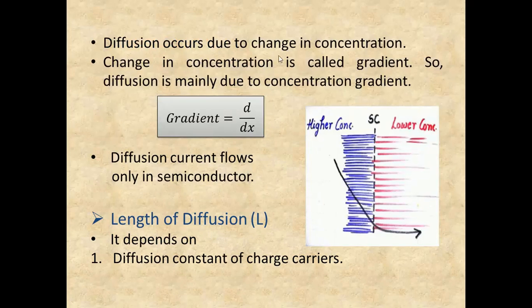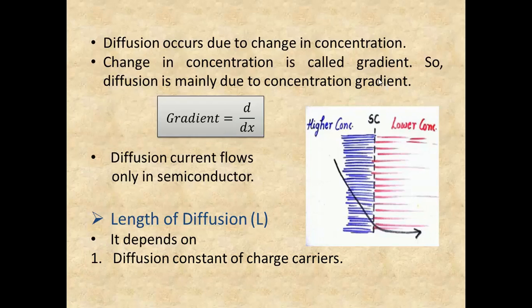Diffusion occurs due to the change in concentration, from higher to lower concentration. You can see in this figure that diffusion occurs in the semiconductor from higher concentration, indicated with blue color, towards low concentration, with red color. Change in concentration is called gradient, so diffusion is mainly due to the concentration gradient.